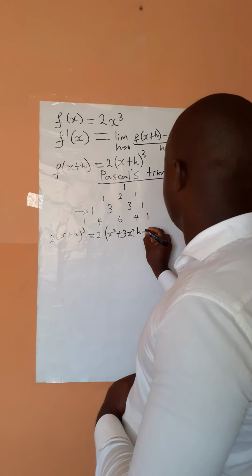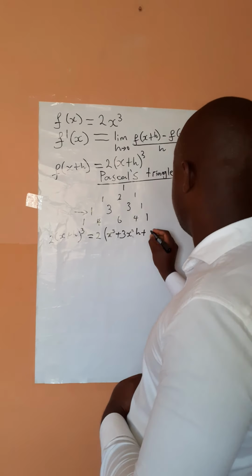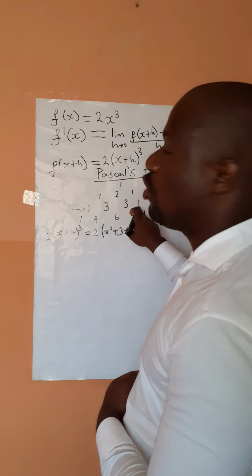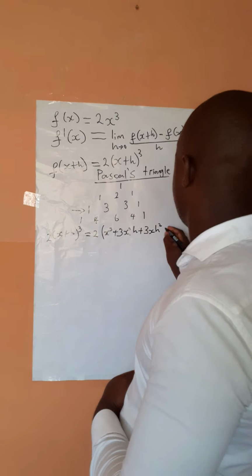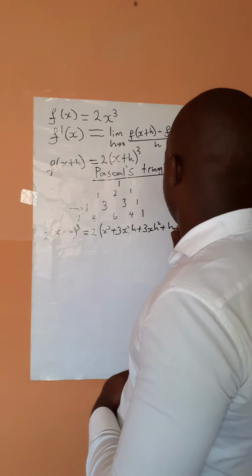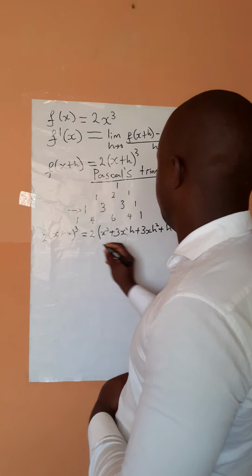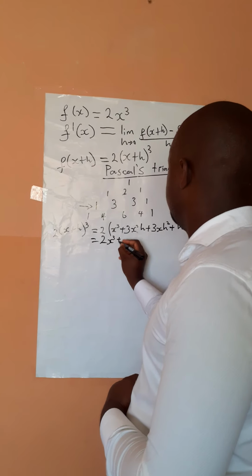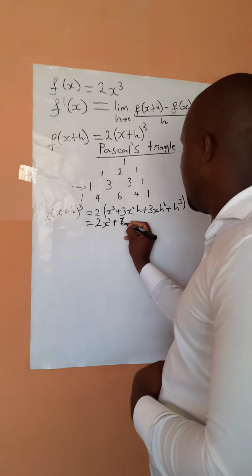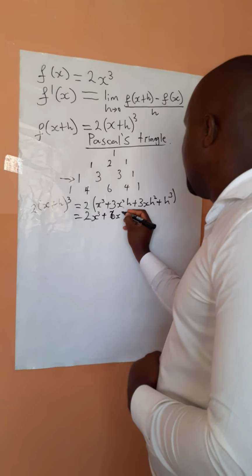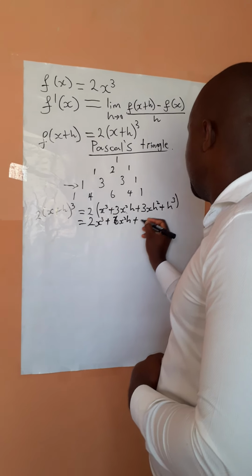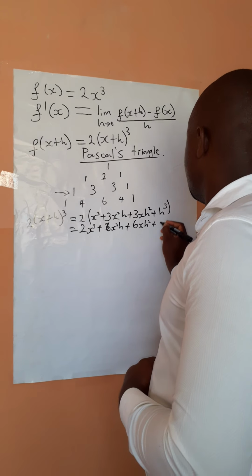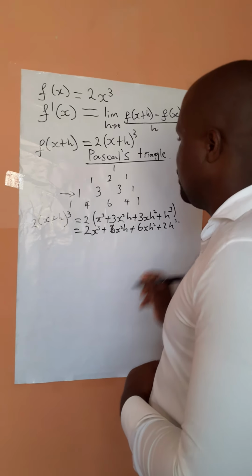What you get next is another 3, it becomes x h squared, and the last coefficient is 1, so plus h to the power 3, you close the bracket. So this becomes 2x to the power 3 plus 6x squared h plus 6x h squared plus 2h to the power 3.